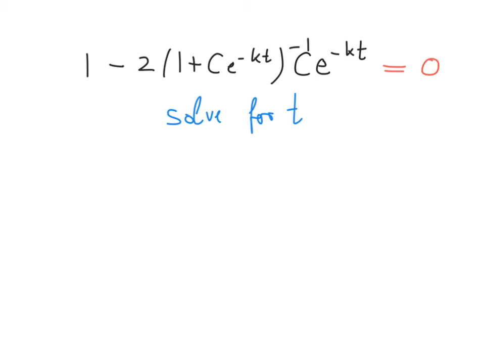Let's first rewrite it. Multiply both sides, I'd say, by this expression, right? So then we would get 1 plus C e to the minus KT minus 2 C e to the minus KT equals 0.